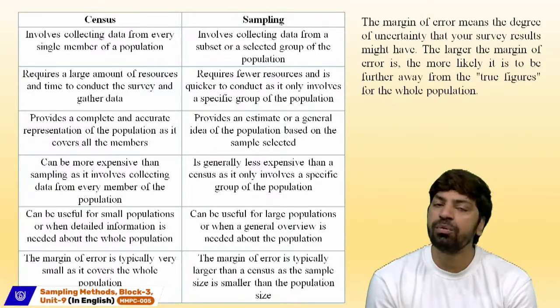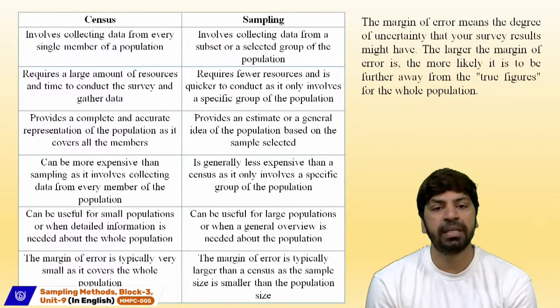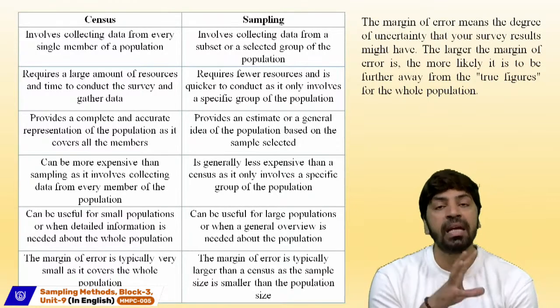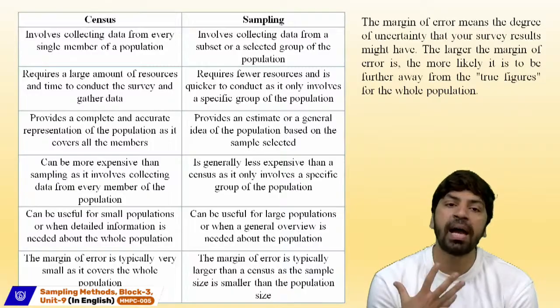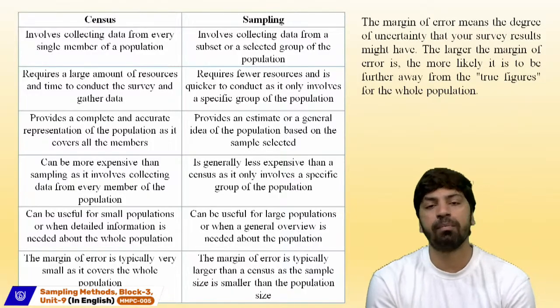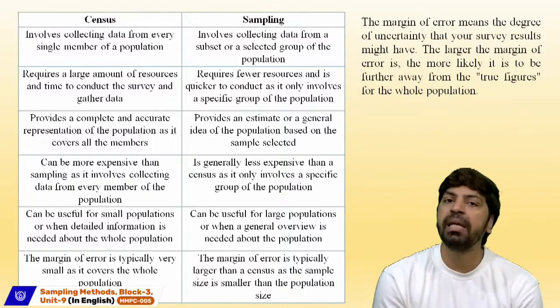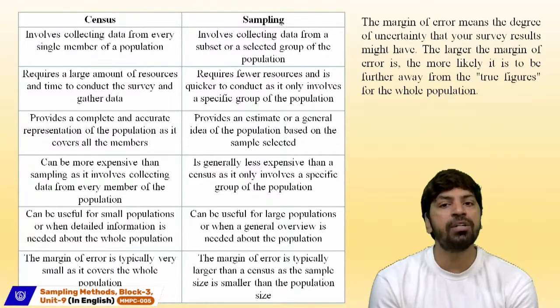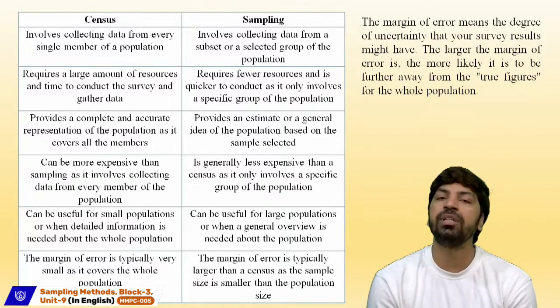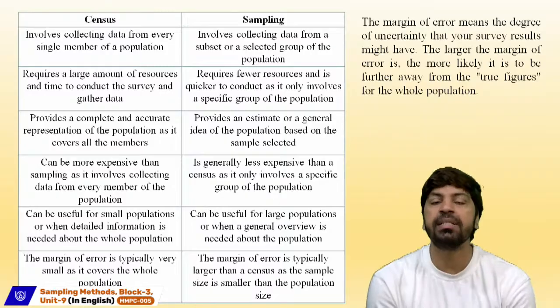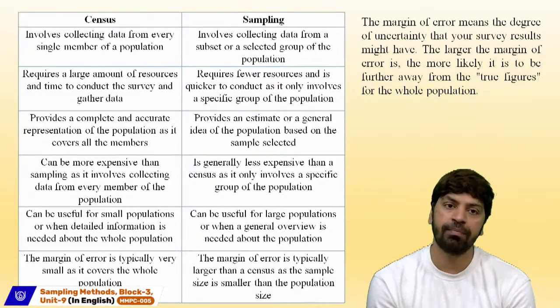Census can be useful for small populations or when detailed information is required about the whole population. But sampling can be useful for large populations or when a general overview is needed about the population.